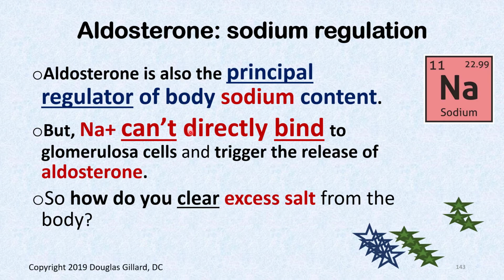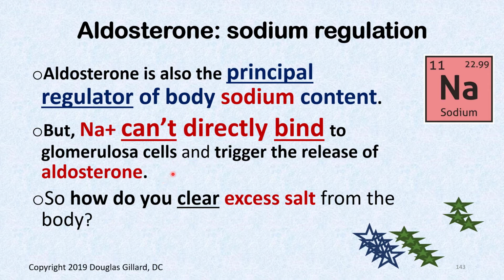Even though it's secreted by glomerulosa cells, and even though aldosterone is the principal regulator of sodium, you would think sodium could bind directly to glomerulosa cells. But it doesn't. It's really strange. So sodium does not directly bind, period. It doesn't bind to glomerulosa cells.